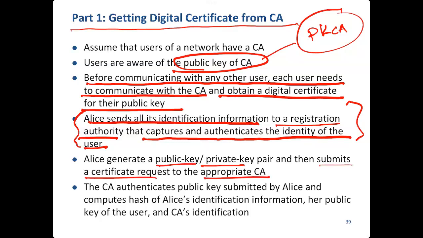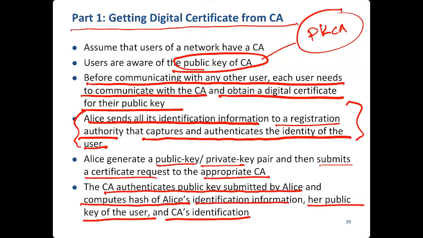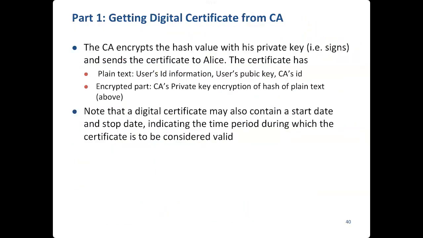Please give me a certificate. Okay, and the CA authenticates the public key submitted by Alice and computes a hash of Alice's identification information, her public key, and the CA's identification, and sends that certificate to Alice. So what he does is he takes only a few fields from this request, creates a hash of that, and signs it with his own private key.